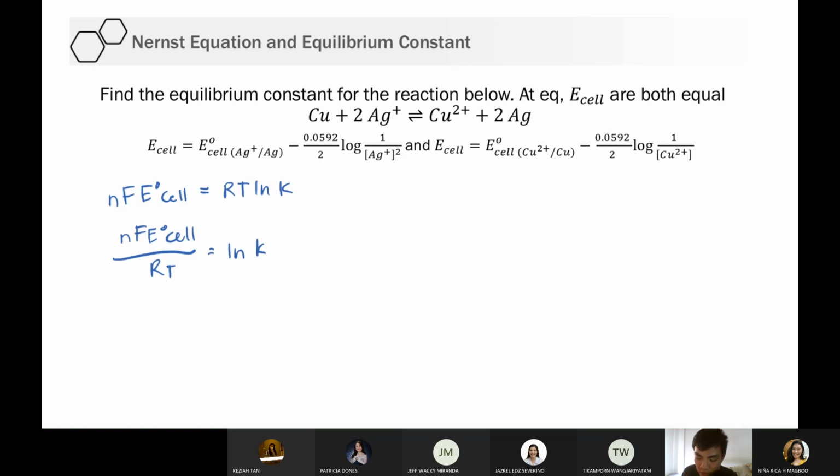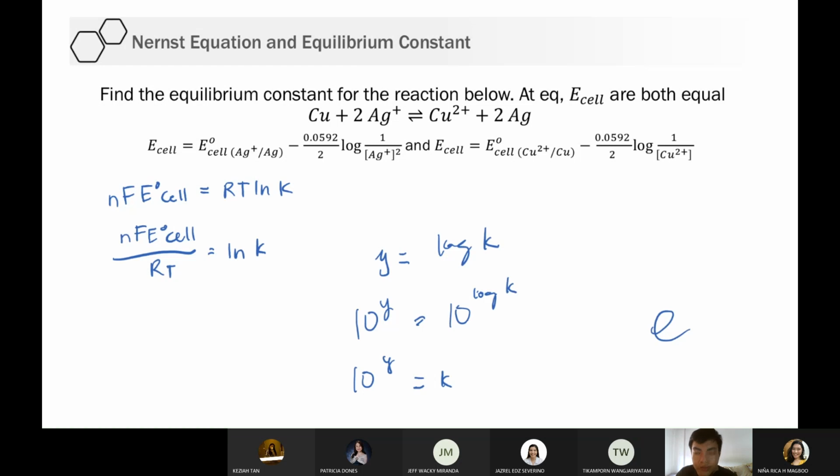Now, how will you get K out of the natural log function? If you have a log function, if you want to get the K, then we use the anti-logarithm. You make them the exponents of 10, and 10 and the logarithm will cancel, giving us K. But in terms of ln, instead of using 10, we will use Euler's number e, which is 2.71 something.